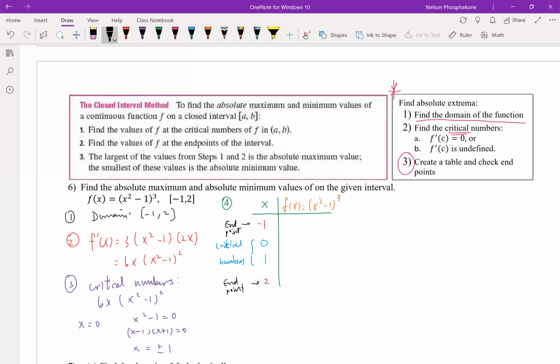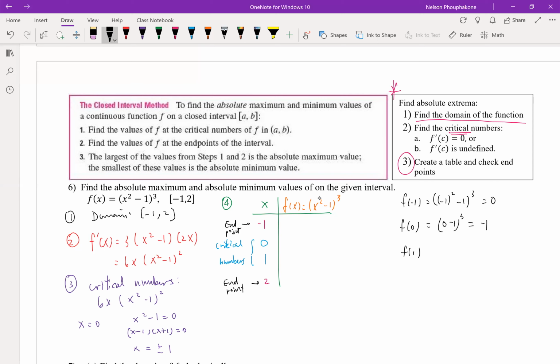Now f of -1 is -1 squared minus 1 to the cube. So this is 0. Then f of 0, so minus 1 to the cube, so I have -1.